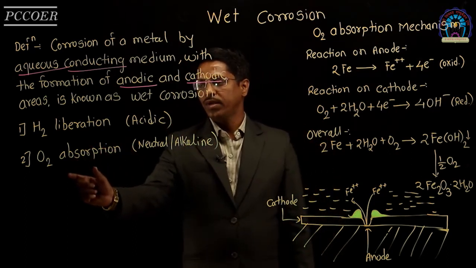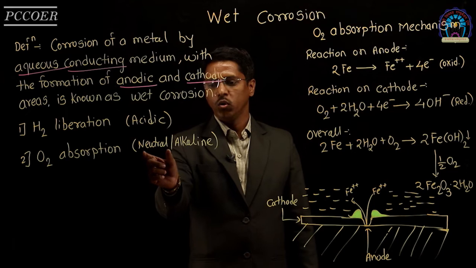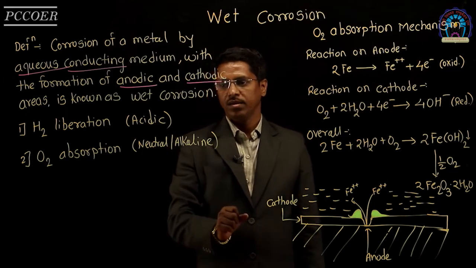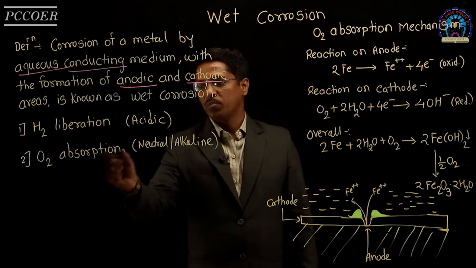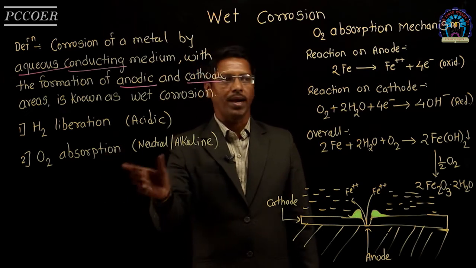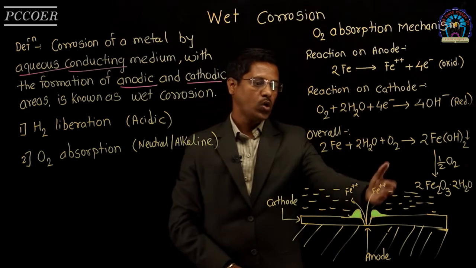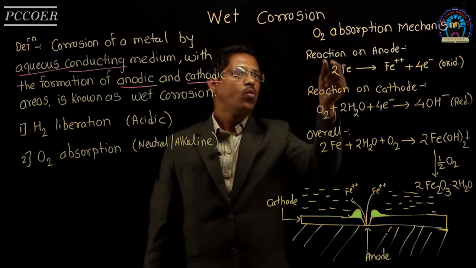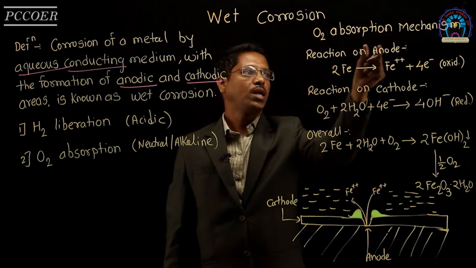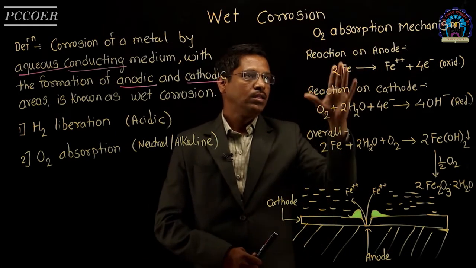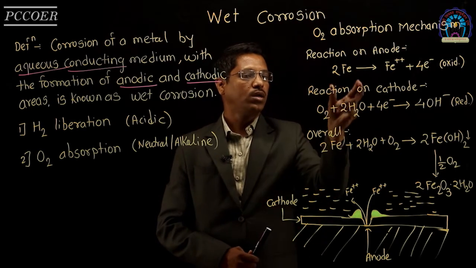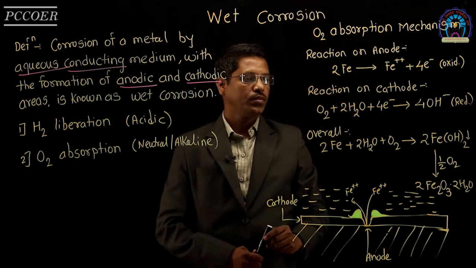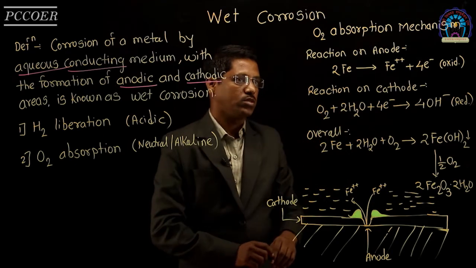But if the aqueous conducting medium is neutral or slightly alkaline, then an oxygen absorption mechanism takes place. We will see about the oxygen absorption mechanism. How does it take place? This is possible if water contains oxygen, and only then is this mechanism possible.